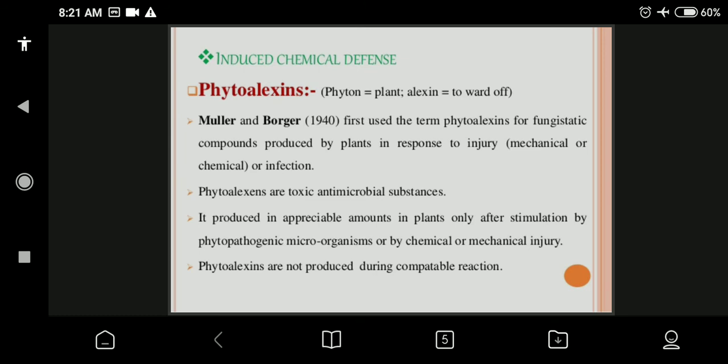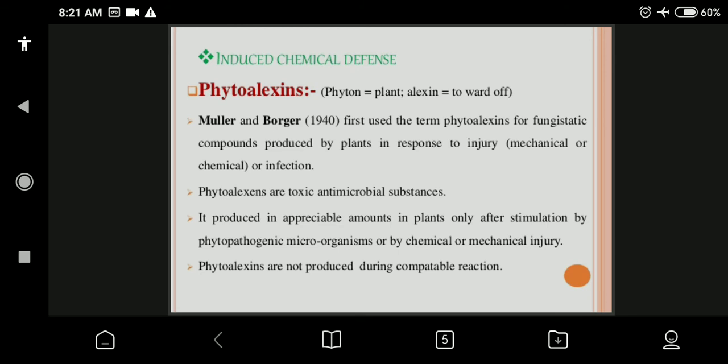They are produced in appreciable amounts in plants only after stimulation by phytopathogenic microorganisms or by chemical or mechanical injury. Phytoalexins are not produced during compatible reactions because they act as inhibitors, so they are only produced in incompatible reactions.